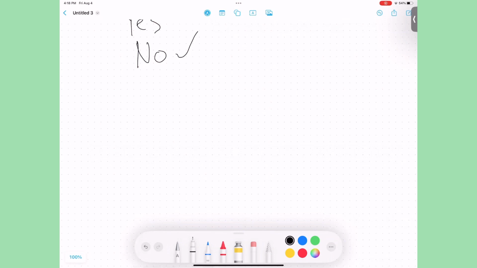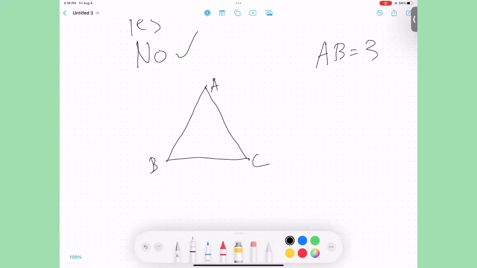Here's why. Say you have an equilateral triangle like this, right? Say this is A, this is B, this is C, and the side lengths are like 3, so AB equals 3, and since it's equilateral, all the side lengths are 3.